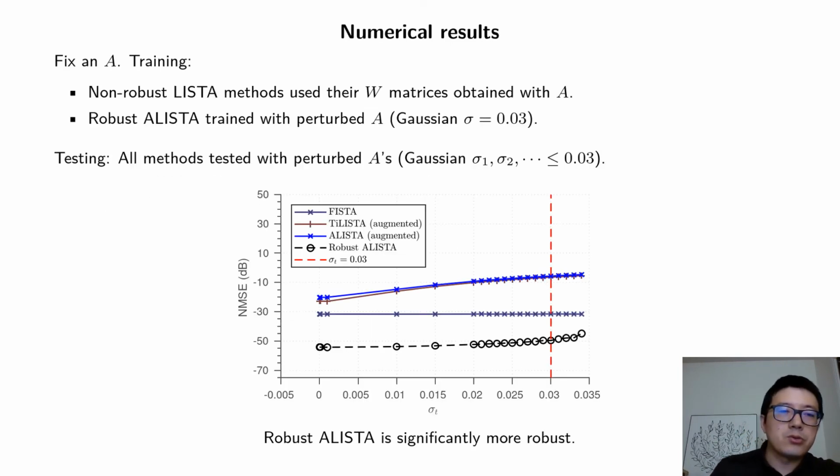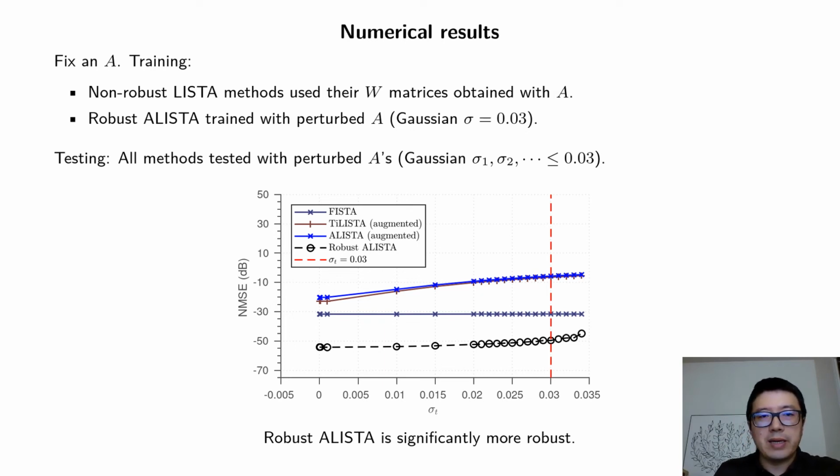To illustrate this robustness, we fix an A, and we first train a non-robust LISTA with the W matrix obtained from the clean A, and then we also train a robust LISTA with the perturbed A, which are those A tildes with this amount of Gaussian noise in the entries of A. Then we test both the non-robust LISTA methods, including A-LISTA, and the robust A-LISTA on problems with perturbed A, and we vary the amount of perturbation in the entries of A from 0 all the way to 0.03, and actually go a little higher, and you can see the recovered results.